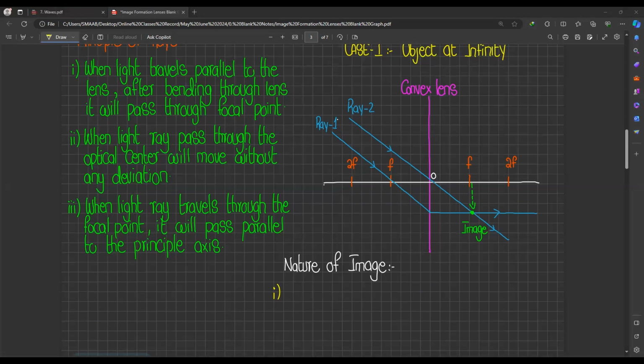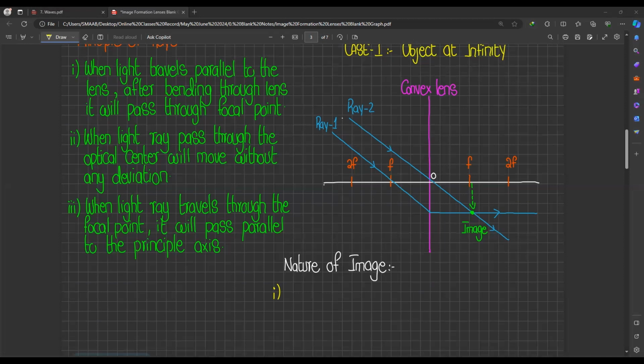So the screen will be on the other side. If you are getting an image on the screen on the other side, then that image is a real image.